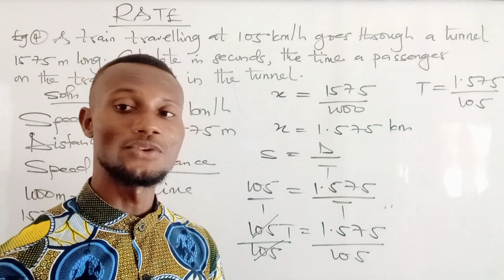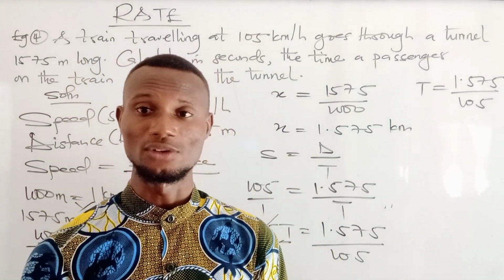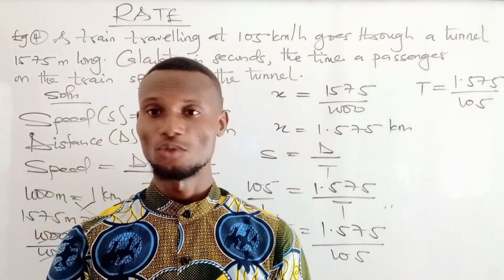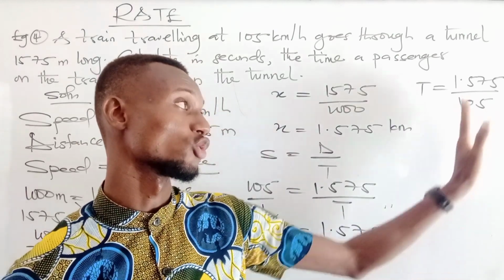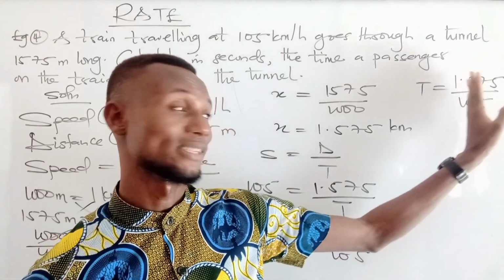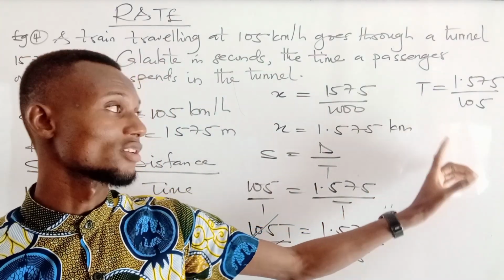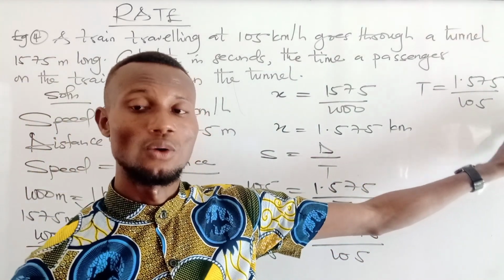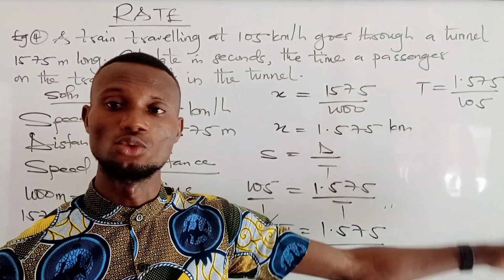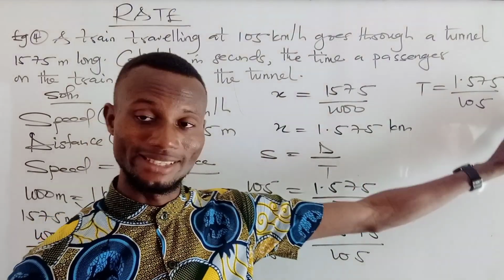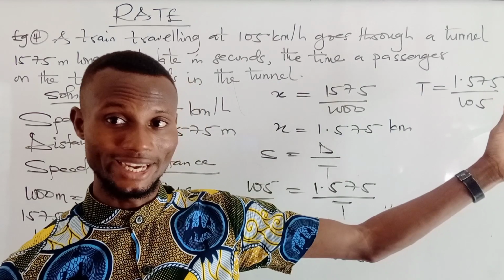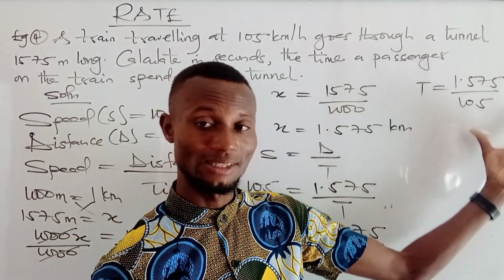In order to make the work easier so that you don't struggle with it, I'll find a way to move the decimal from it so that I can simplify this. Because this answer is in hours, we need to convert it to seconds, but before that, let's simplify this one.